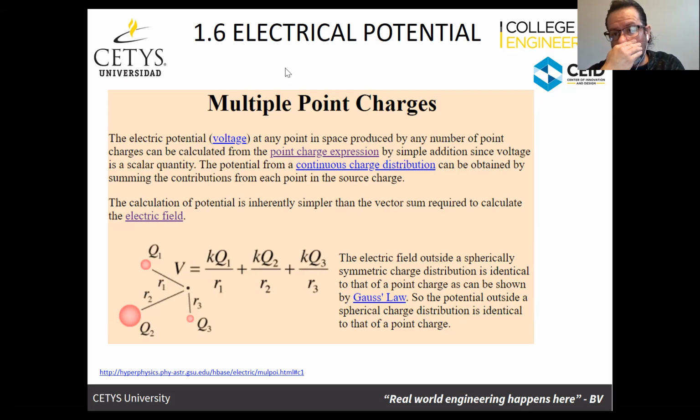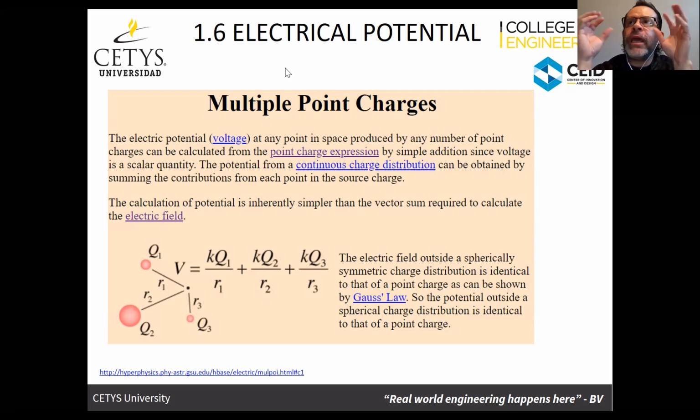If we have multiple charges, then these charges are all going to contribute to the potential in the point we're analyzing. However, this is interesting because remember that the reference is always going to be a positive charge. The reference is always going to be a positive charge coming from infinity to that point.